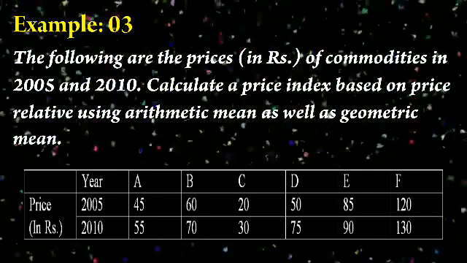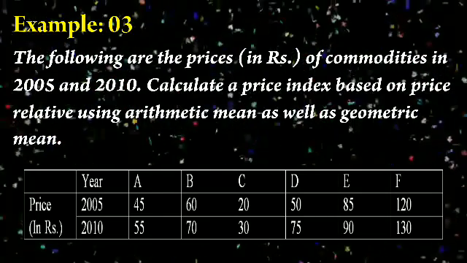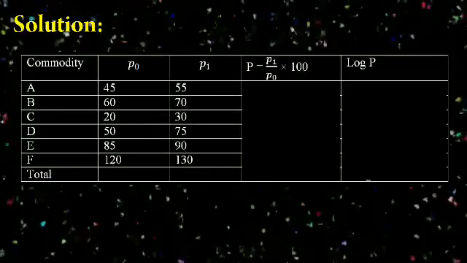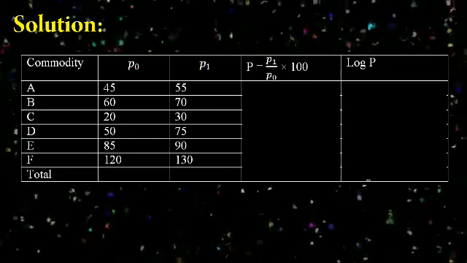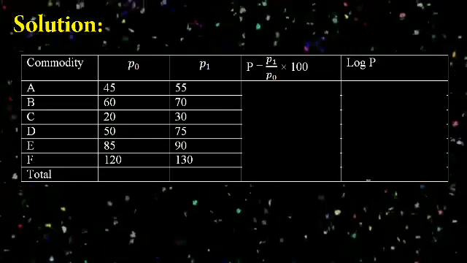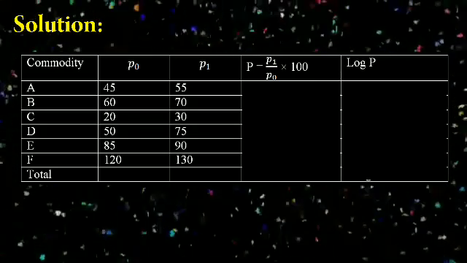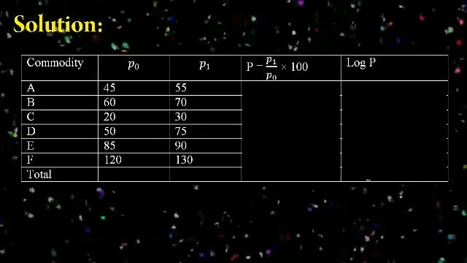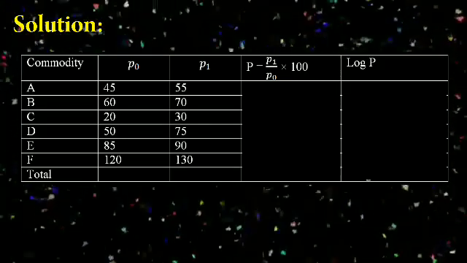In order to find the price index number, write down the solution and draw one more table. Consider the commodities in the next table: A, B, C, D, E and F. After that, copy the price values for the base year.